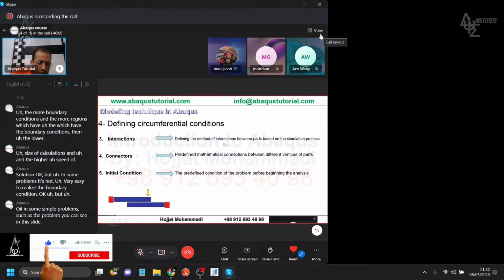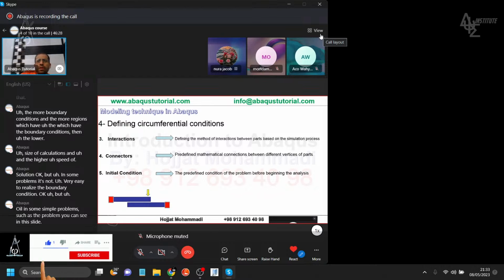And the last one is initial condition. Initial condition is the predefined condition of the problem before beginning the analysis. It means the situation of our problem at time zero.